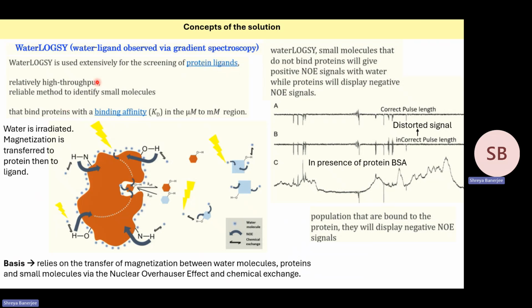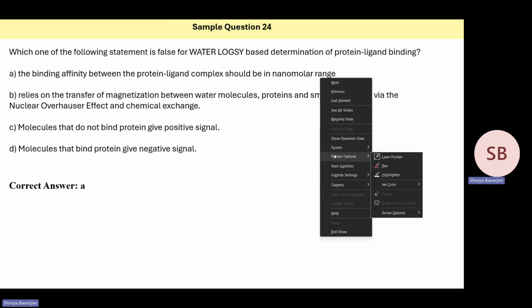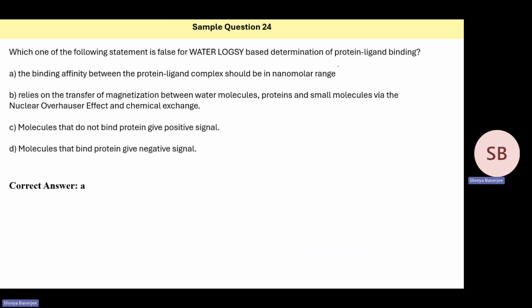It is a relatively high throughput method and it observes the ligand, so it is a reliable method to identify small molecules. And it can detect binding constants in the micromolar to millimolar range. So clearly the first option is wrong because it is saying that it detects in the nanomolar range, but actually it detects in the micro to millimolar range.